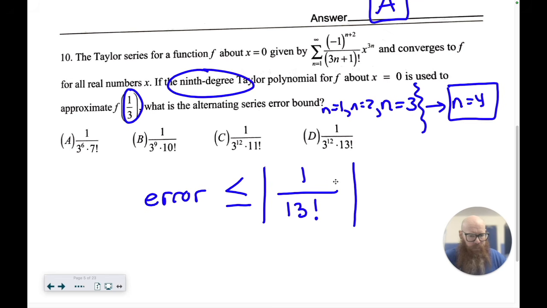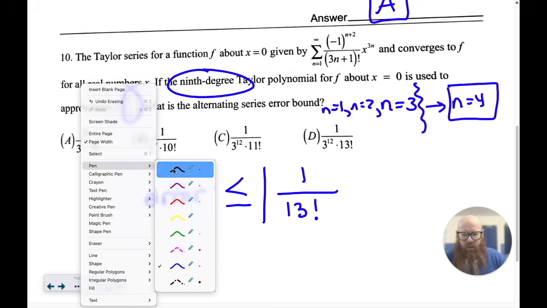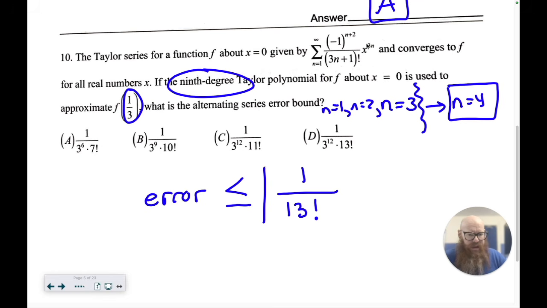Let me give myself some room here so we can really see what's going on. Now this x right here is really 1/3, and that's being raised to the 12th because it's 3n and n is 4.